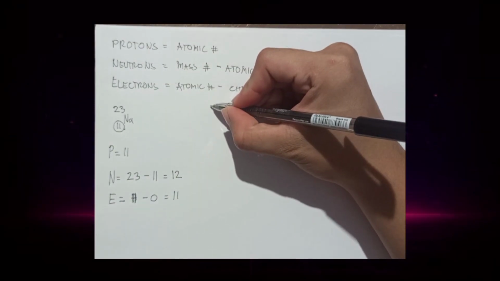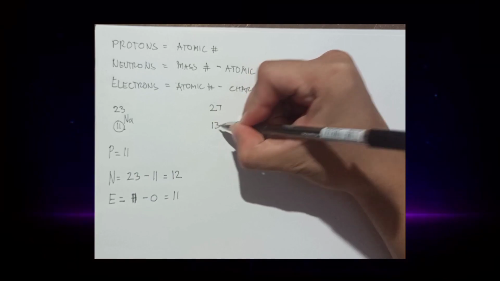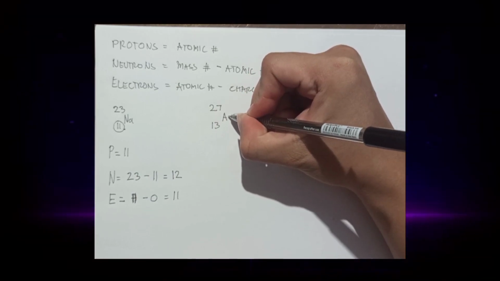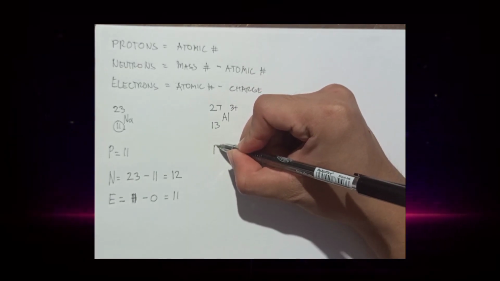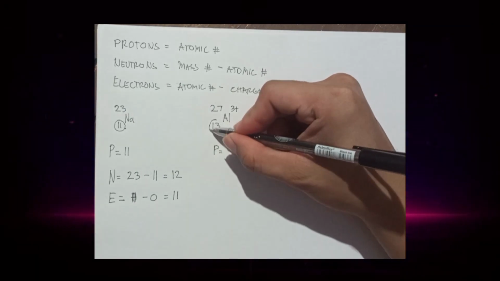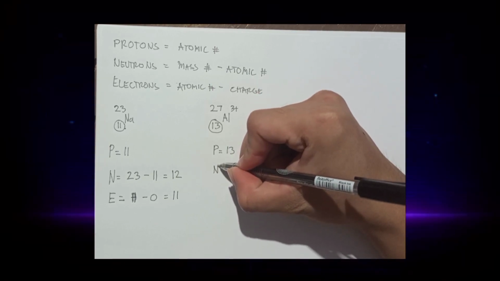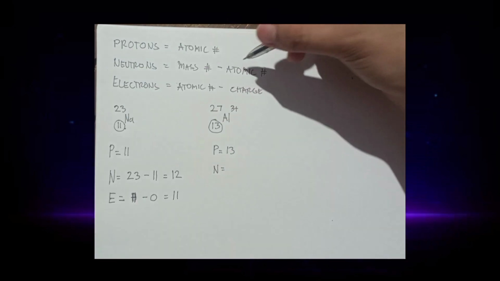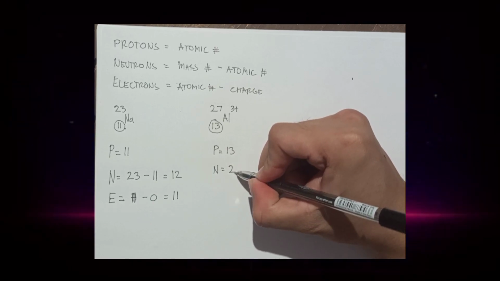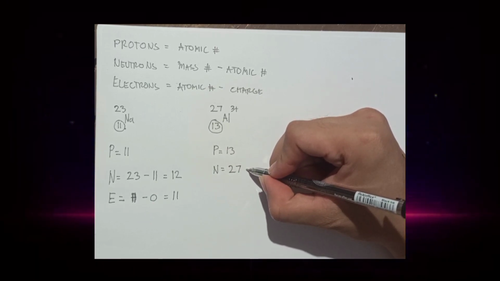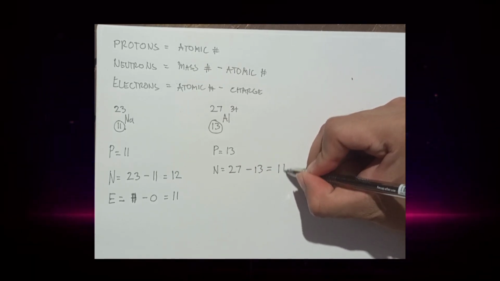Another example, 27 mass number and 13 atomic number, which is aluminum and has a 3 positive charge. Now to get the protons, we will identify the atomic number, which is 13. Now to get the neutrons, we will identify the mass number and the atomic number, 27 and 13. 27 minus 13 is equal to 14.